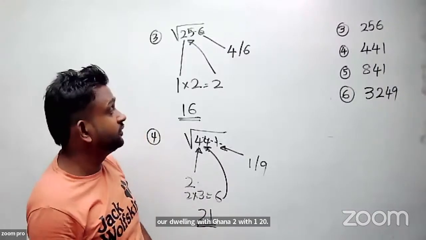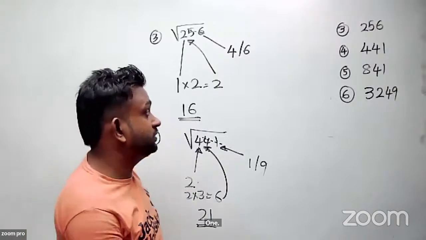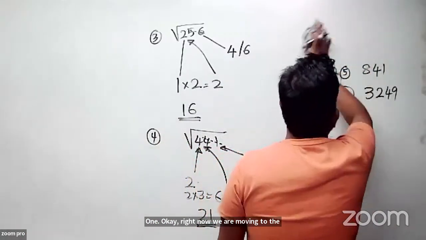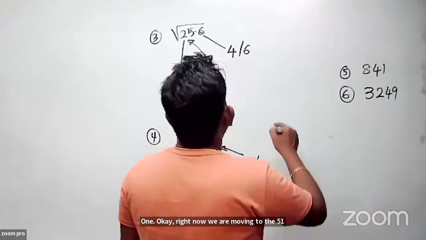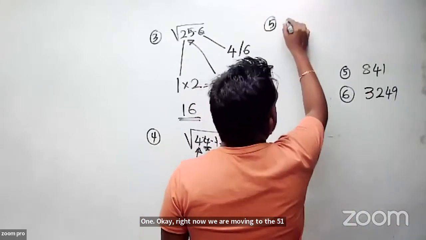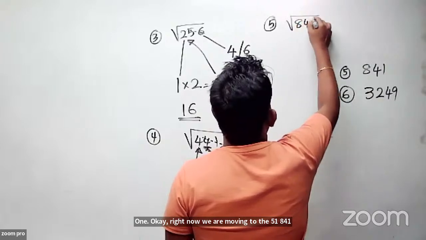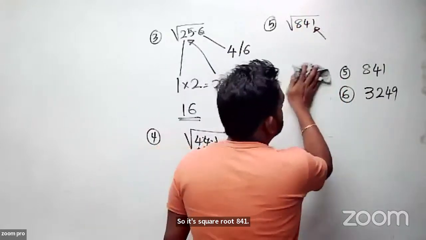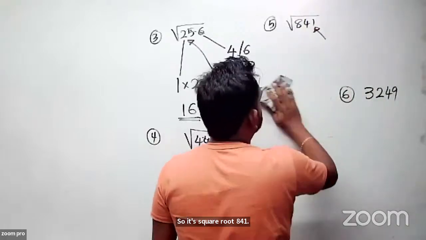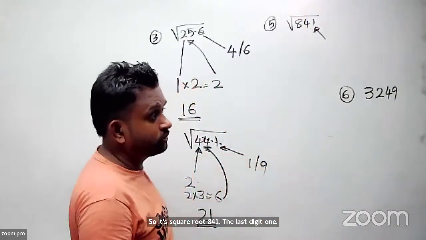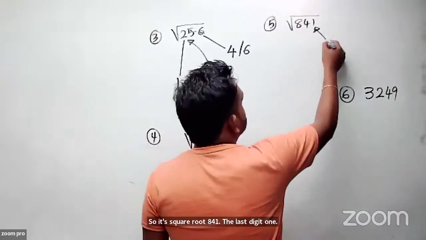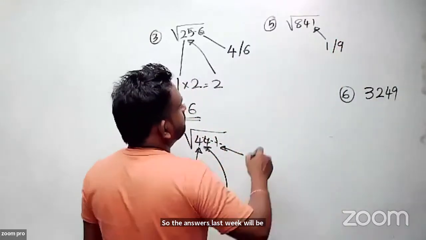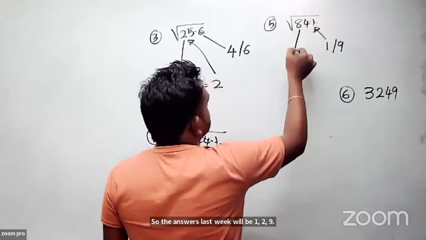Right, now we are moving to the fifth one, 841. Square root of 841, the last digit is 1, so the answer's last digit will be 1 or 9. Now you cut these two digits and take 8.